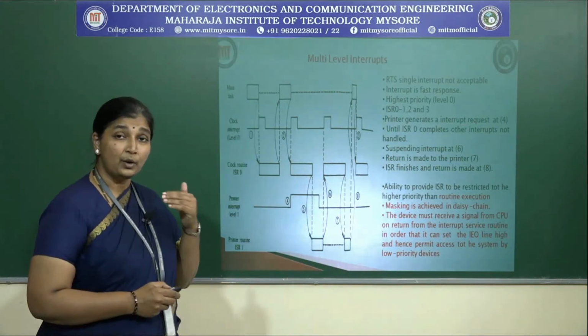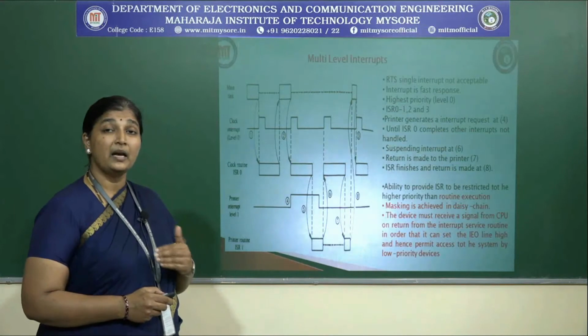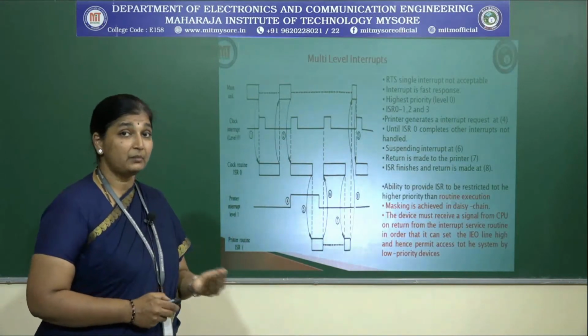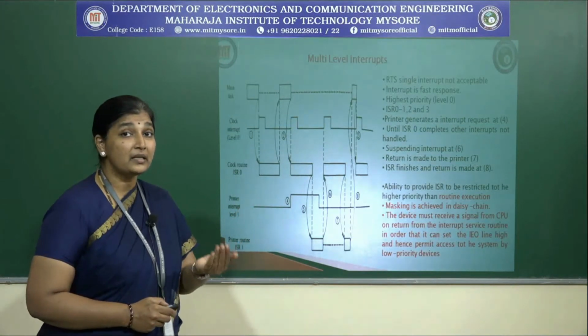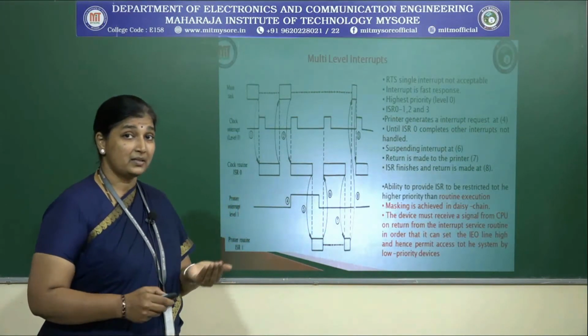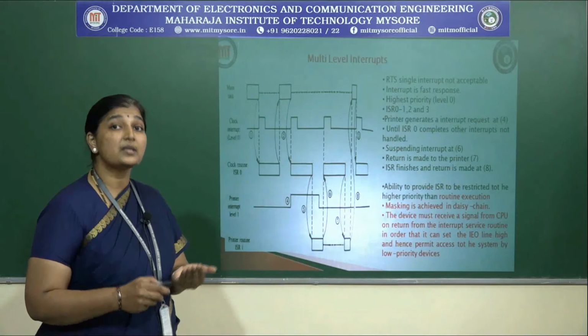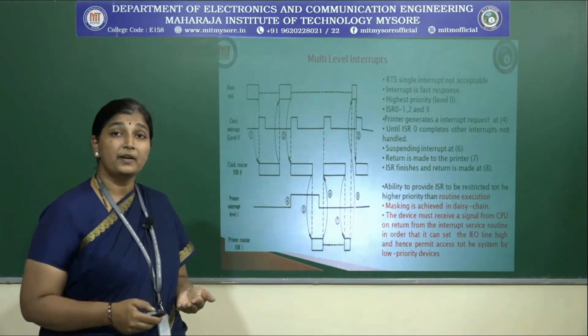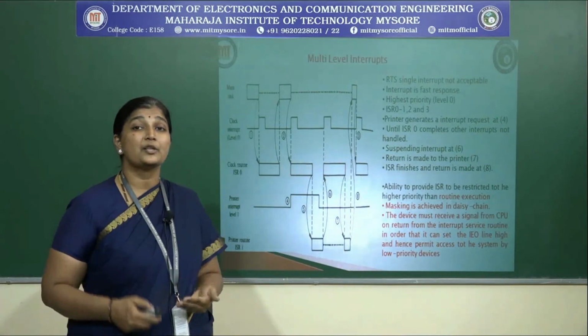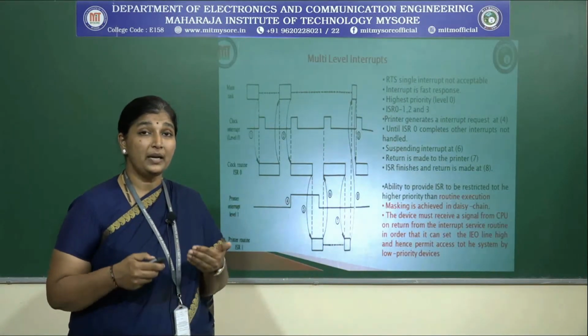During this course, a higher priority signal should have been accepted, but it has not been accepted, because the CPU thinks that the clock pulse, that is level 0, is very important rather than the printer. It is not a proper way for the CPU to address the different kinds of interrupts that have to be handled.